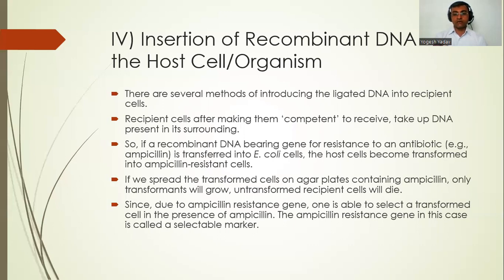E. coli is a bacterium, and the desired DNA that we have produced is to be introduced into the E. coli. The desired DNA segment is introduced into the E. coli by modifying the environment in which those E. coli are present.